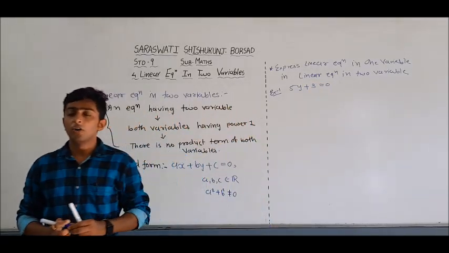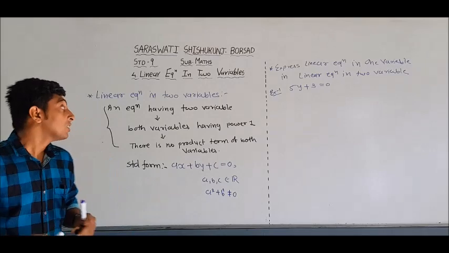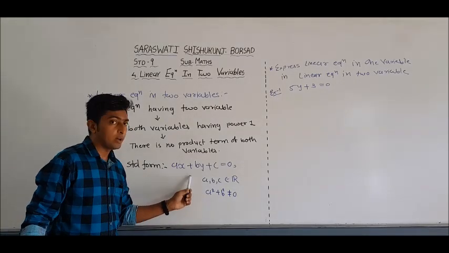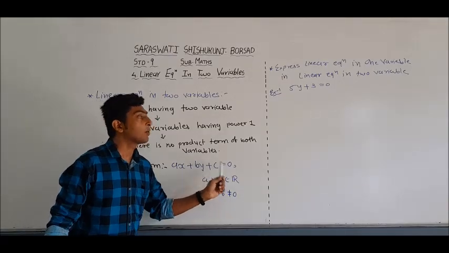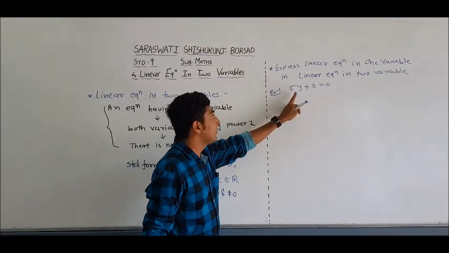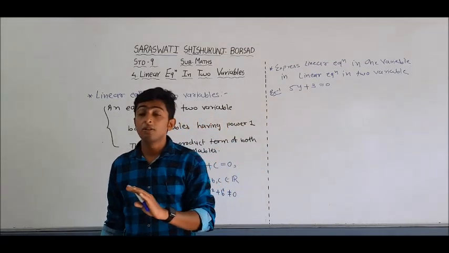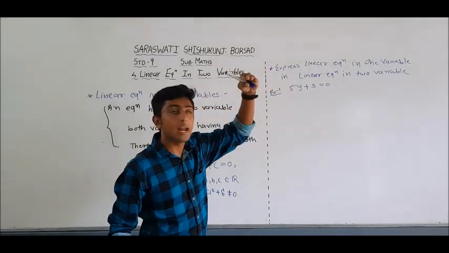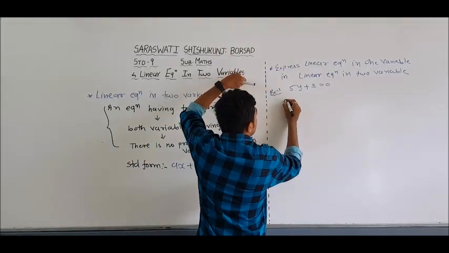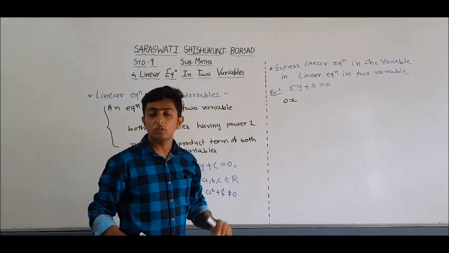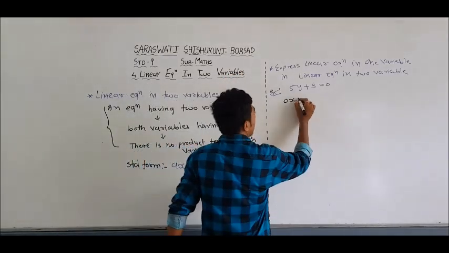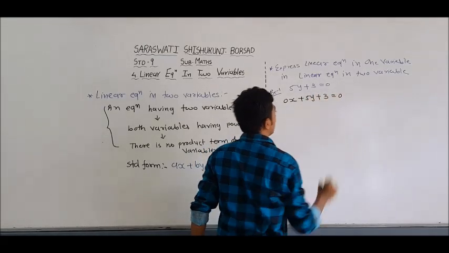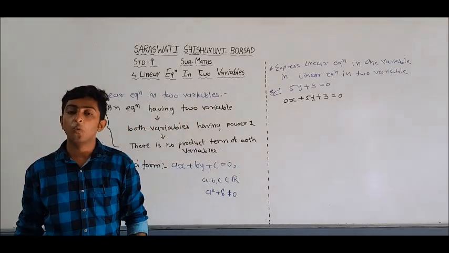We know that the standard form of a linear equation in two variables is an x term plus a y term plus a constant term equal to 0. Here there is only a y term and a constant term. The x term is not available, so whatever term is missing, you can write 0x. So we can write 0x plus 5y plus 3 equal to 0. This is the linear equation in two variables.